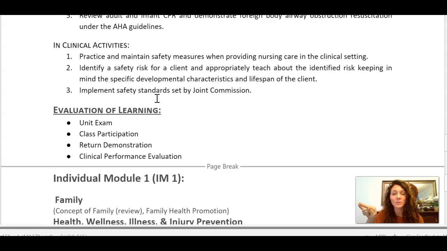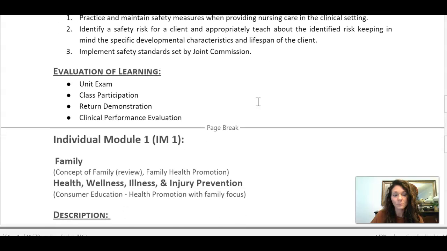And that really is ultimately what we're trying to do, right? We're trying to create nurses who can take the knowledge they've learned in school and apply it when you're taking care of people. So that is why I've included the in-clinical activities. Utilize those to help you.